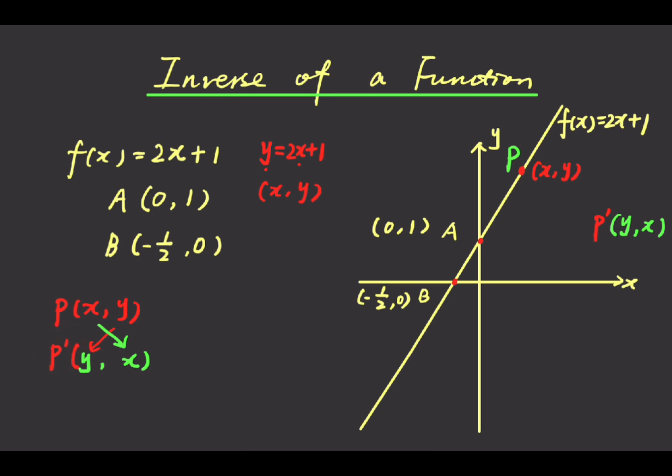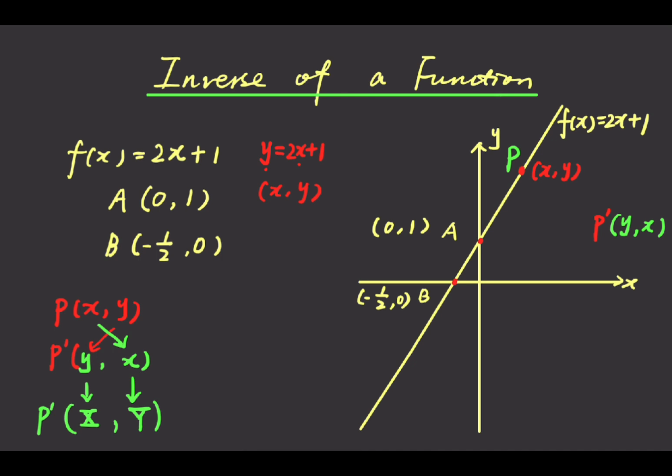So if you generalize this number to x coordinate, generalize this number to y coordinate, we can use x in uppercase, y in uppercase to represent the corresponding x coordinate and y coordinate of point P prime.